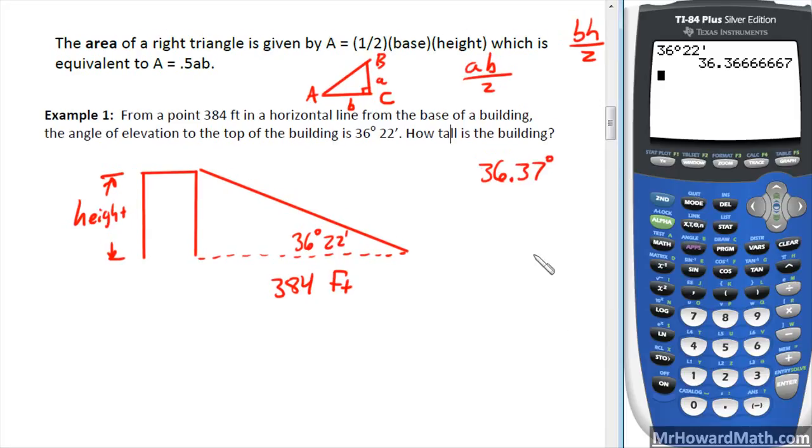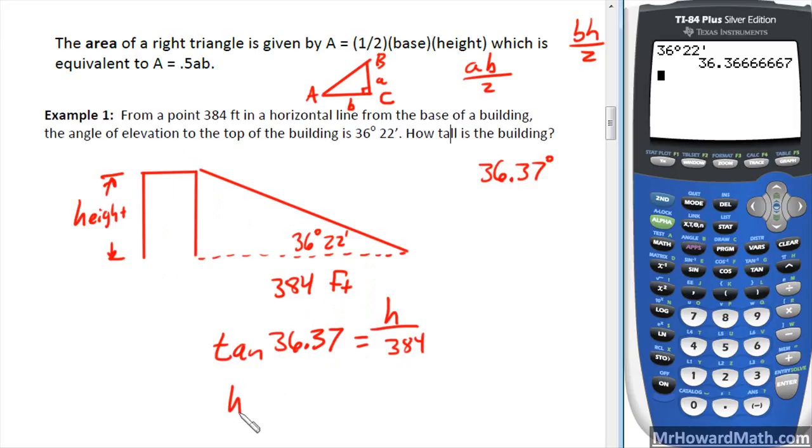We'll need our calculator again. From this angle of 36.37 degrees rounded, we have the adjacent side and we want the opposite side. So that's tangent that we need to use. So tangent of 36.37 degrees is equal to the opposite side, I'm going to call that h, over the adjacent side, 384.